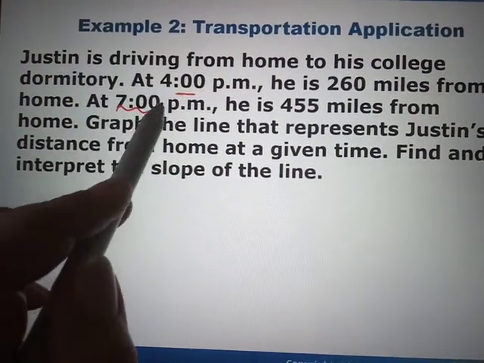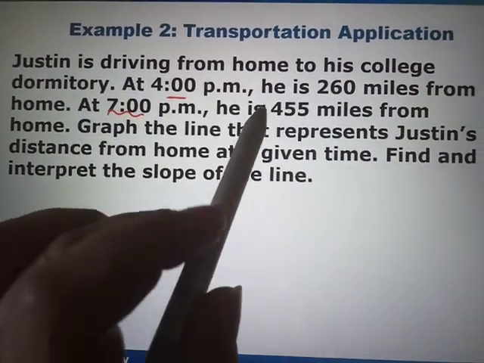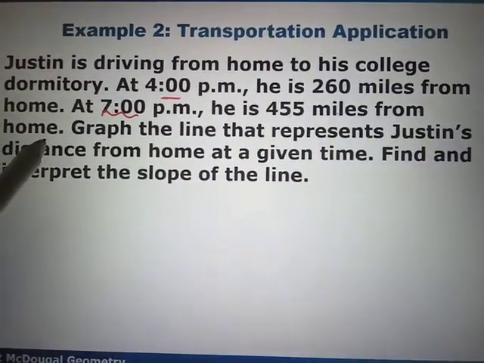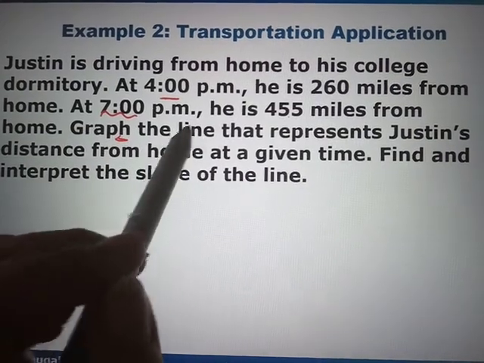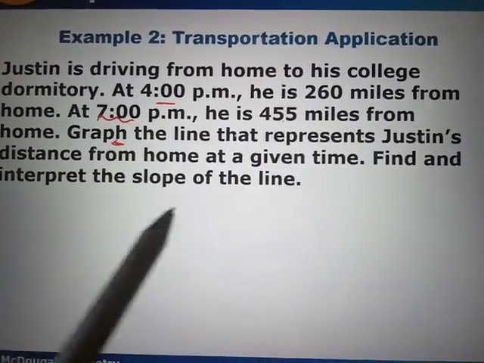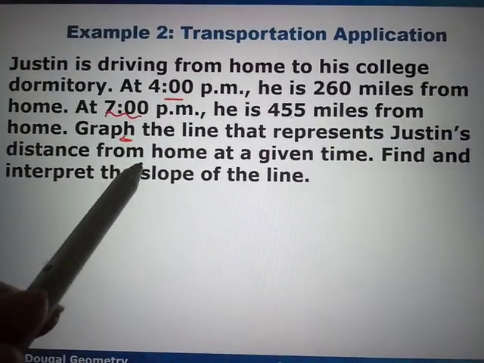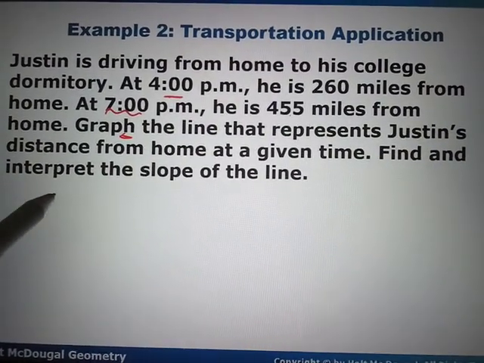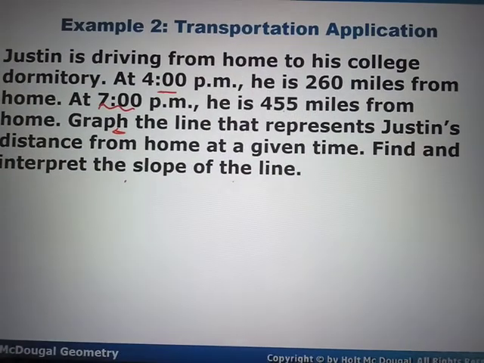At 7 p.m. he is 455 miles from home. Graph the line that represents Justin's distance from home at a given time. Find and interpret the slope of the line.